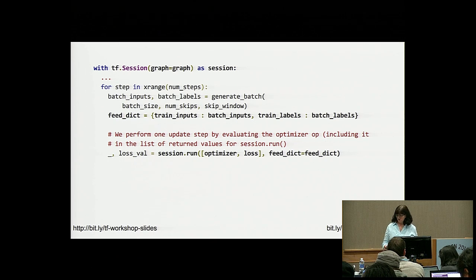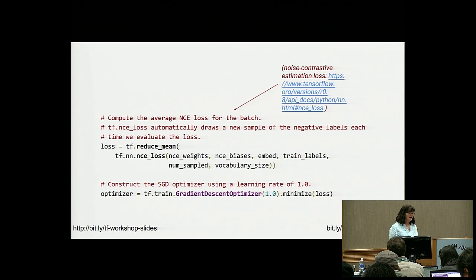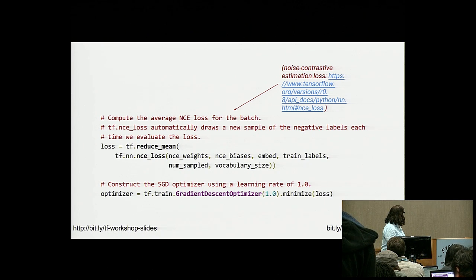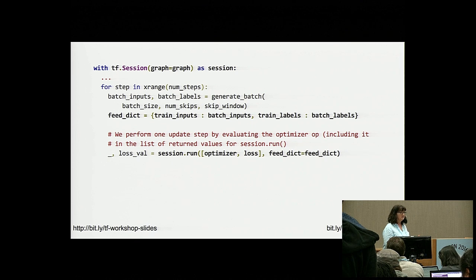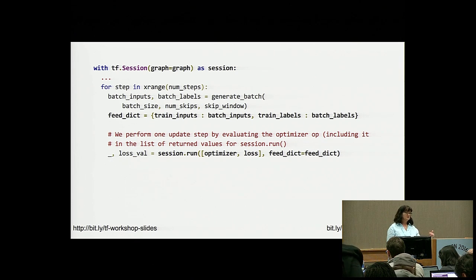And so if we look back at what those were again, it's the evaluation of the optimizer, of course, that is going to be doing the actual training for us. And the loss is the evaluation of the loss. We're actually going to use that to print some updates as we iterate through our training steps.